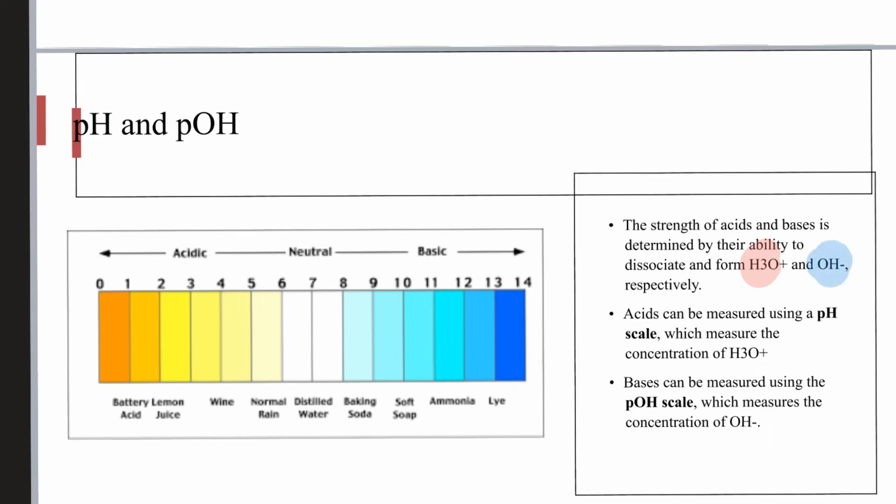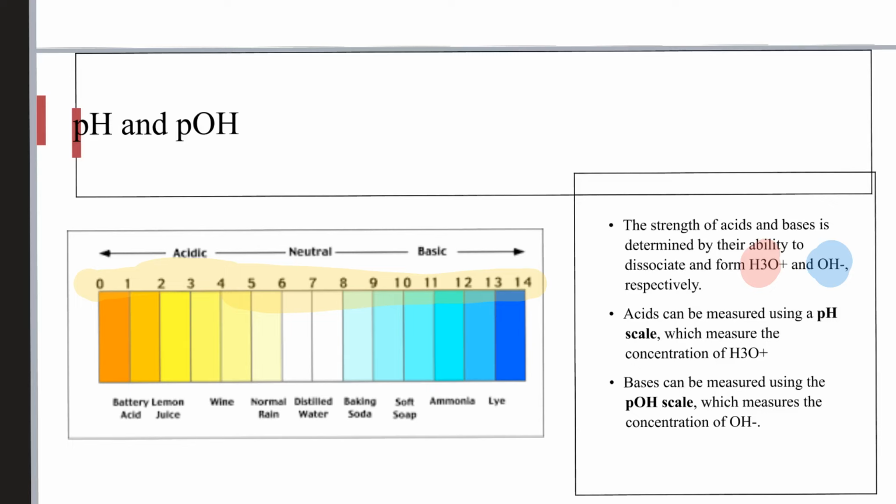Both the pH scale and the pOH scale run from 0 to 14. Depending on what you're looking at, it tells you if it's acid, base, or neutral.